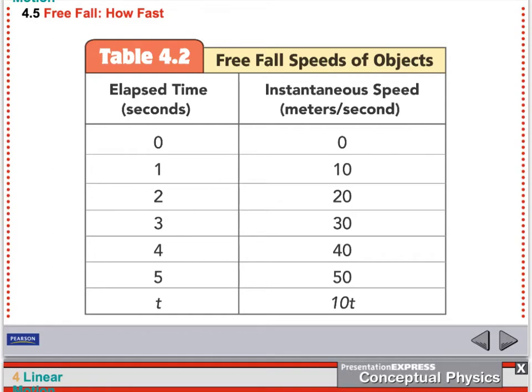And again, here's a chart representing what we just went over. If you want to know the instantaneous velocity of something after it's been falling for a certain amount of time on Earth, you simply multiply how long it's been falling by the force of gravity. In this case, on Earth, you would multiply it by 10.